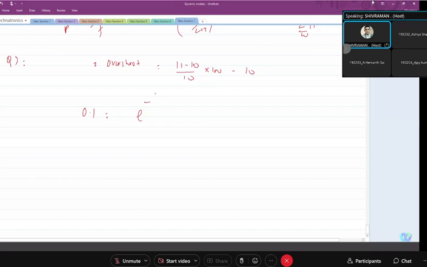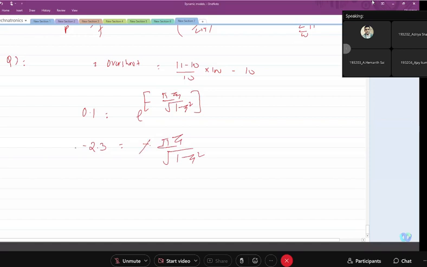We have the formula with us, minus pi times damping factor upon square root of 1 minus damping factor squared. So from here you will get minus 2.3, and from here you can calculate the damping factor as 0.4. So you got the damping factor value.